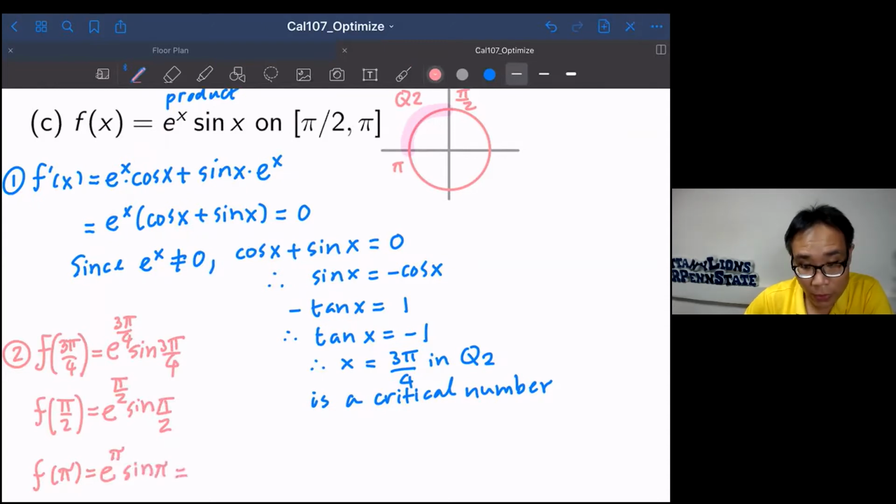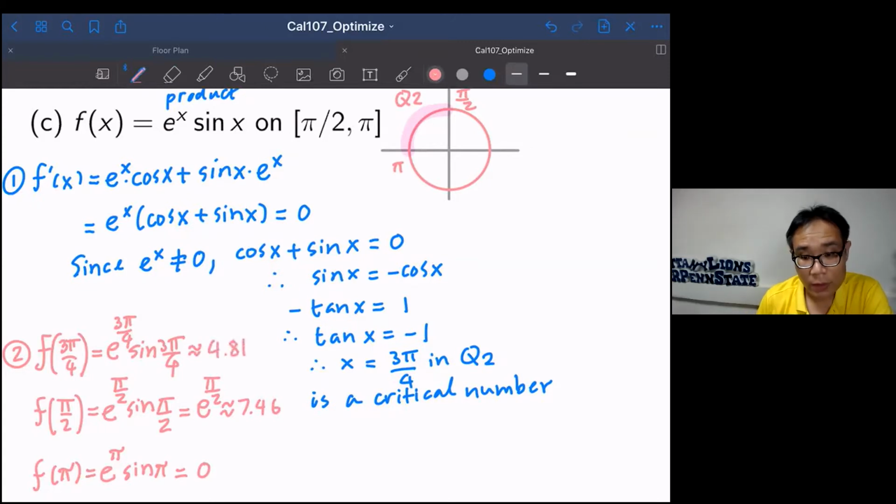So e to the pi sine pi turned out to be 0. For e to the pi over 2, you use your calculator. This turned out to be e to the pi over 2 because sine pi over 2 is equal to 1. So this is about 7.46.